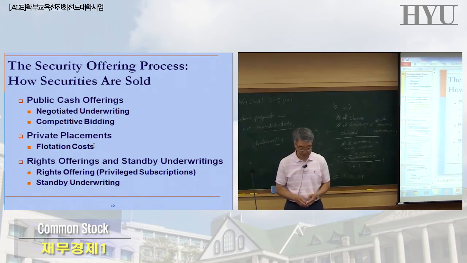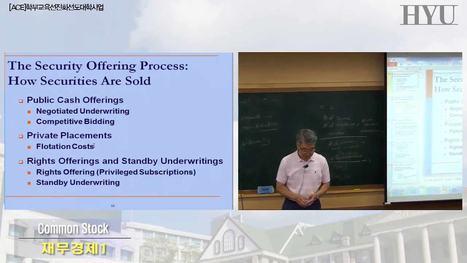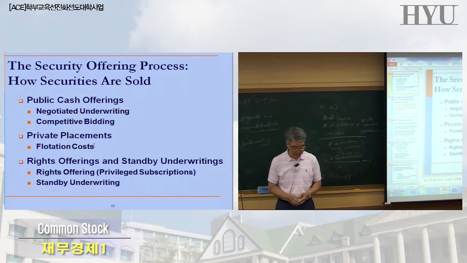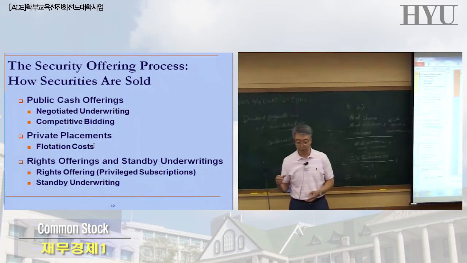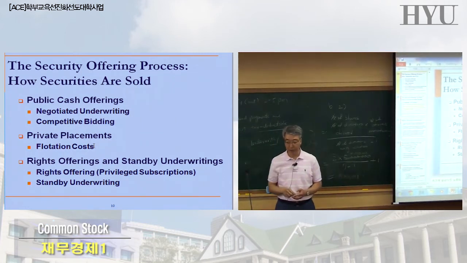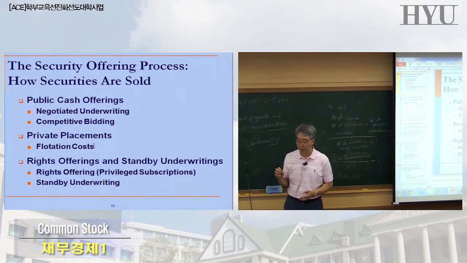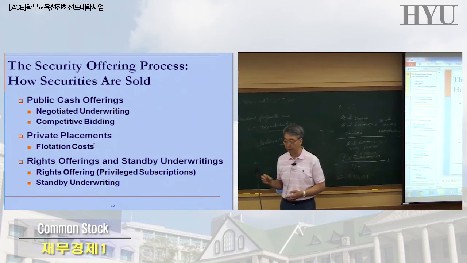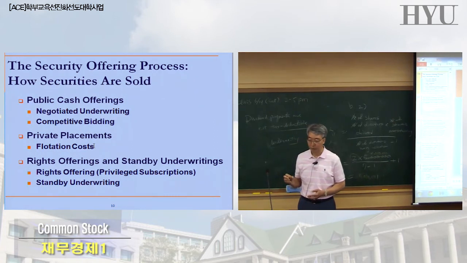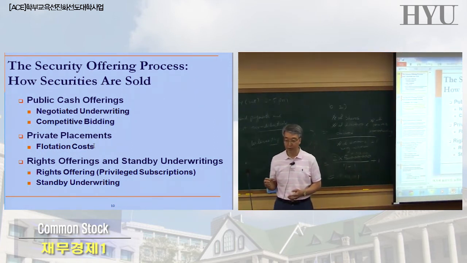Private placements mean that sometimes when a company needs to raise capital, instead of issuing stocks and bonds and trying to sell them to the general public, the investment banker finds a private investor or private investment company to acquire the entire issuance.